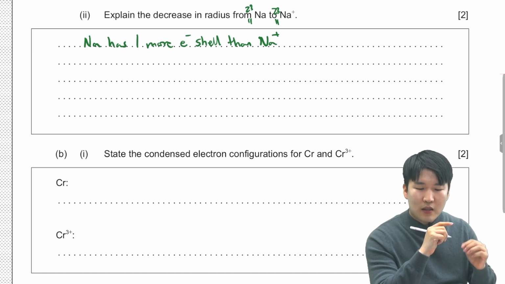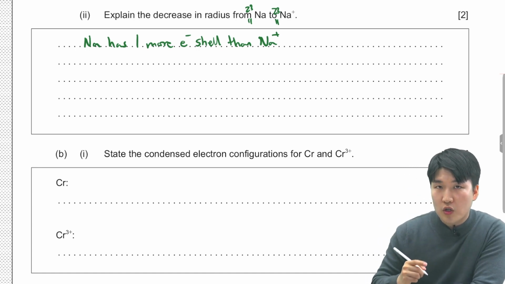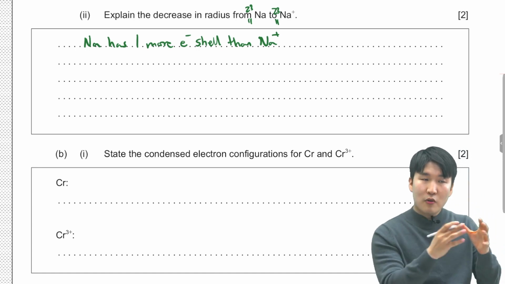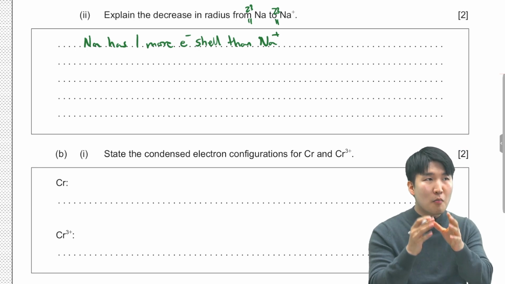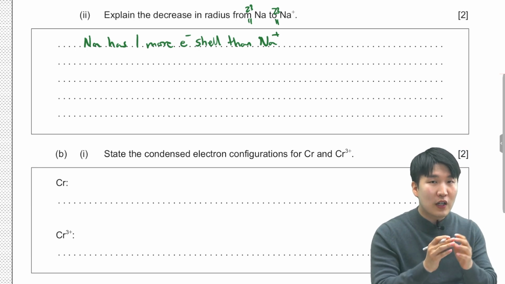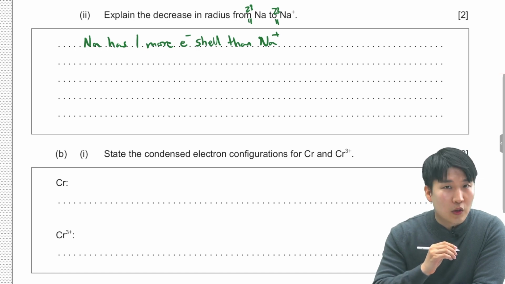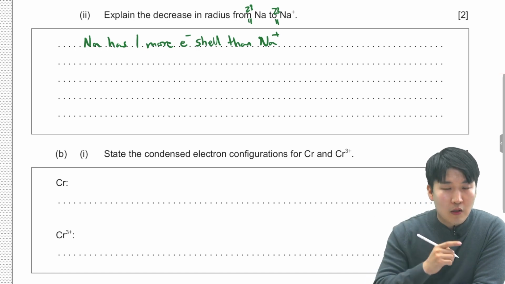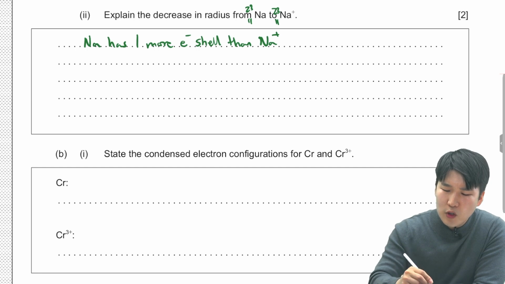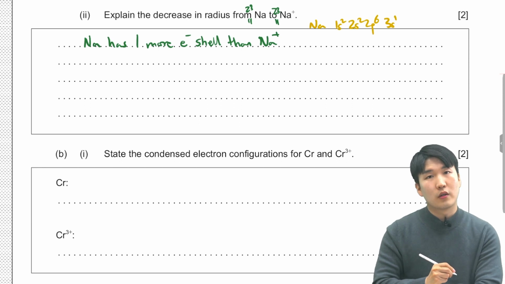Well, we're going to pay attention to the term effective nuclear charge, where effective nuclear charge is given by the number of protons minus the number of non-valence electrons. How many non-valence electrons are there in a sodium? Think about the electron configuration. The electron configuration of sodium is 1s2, 2s2, 2p6, and 3s1.